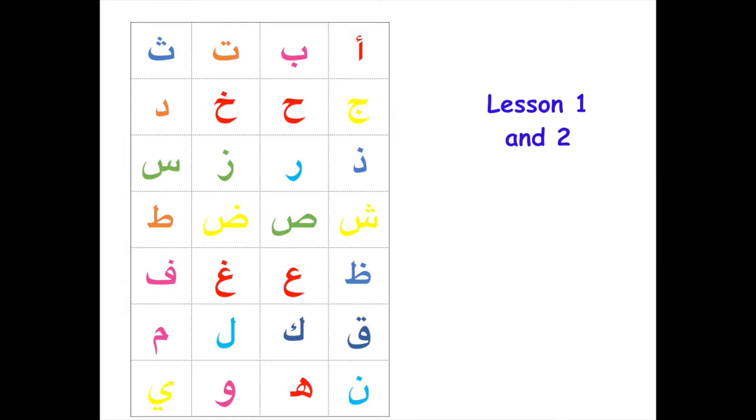And in lesson number 2, we looked at the sounds, so it would be A, Ba, Ta, Tha, Ja, Ha, Kha, Da, Dha, Ra, Za, Sa, Sha, Sa, Da, Ta, Dha, A, Gha, Fa, Qa, Ka, La, Ma, Na, Ha, Wa, Ya.